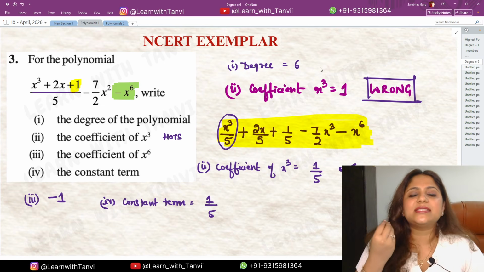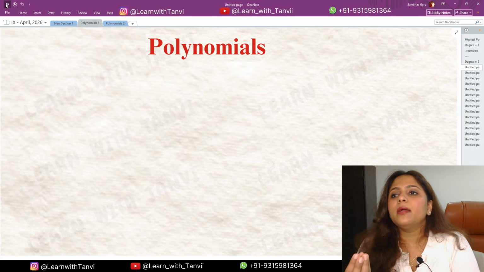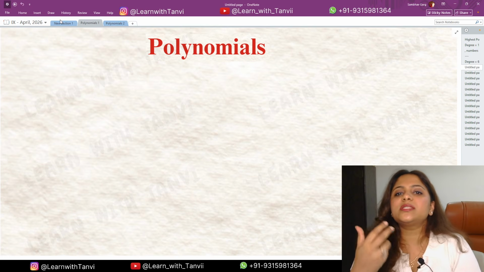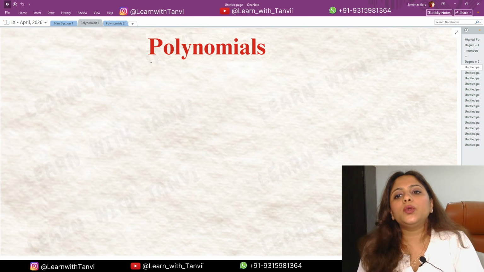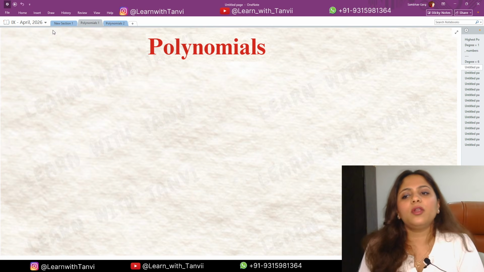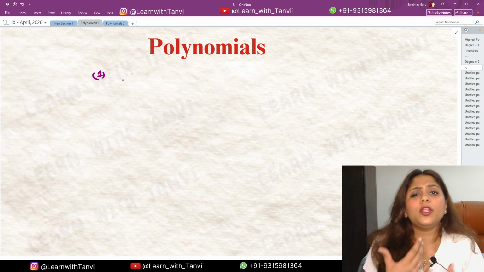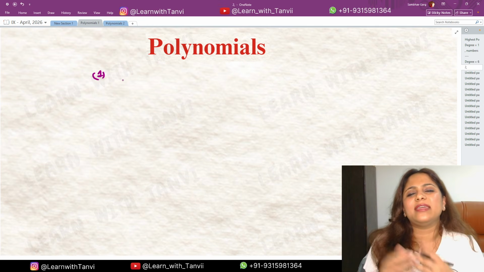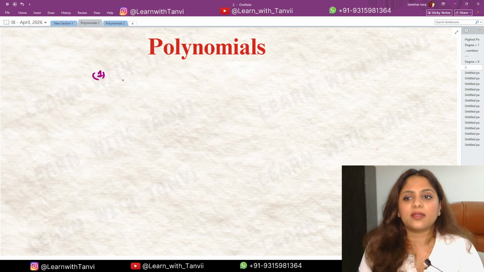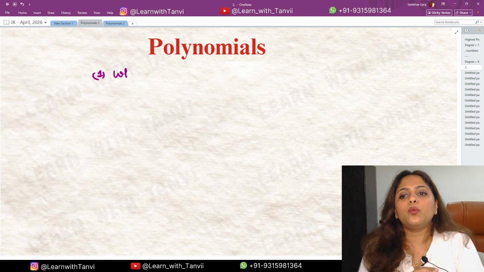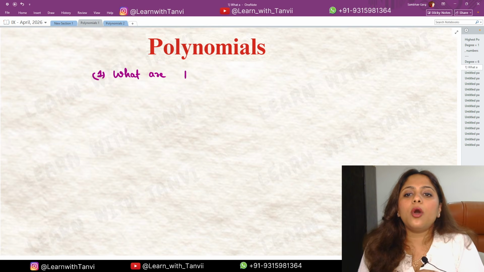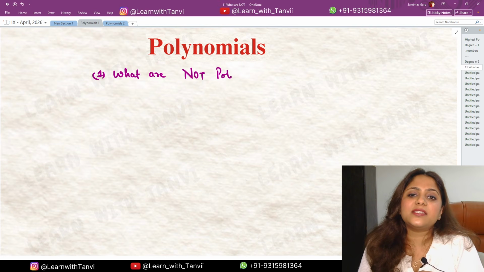Let me quickly sum it up for you. बेटा, polynomials में the most important thing that you need to know is, first of course, that what are polynomials? कि polynomials हैं क्या? Polynomials are the expressions that contain variables and constants, but you need to understand what are not polynomials, and this is the most important topic.